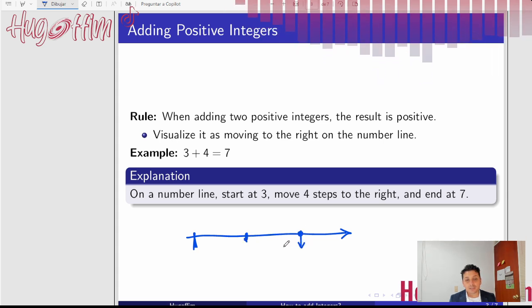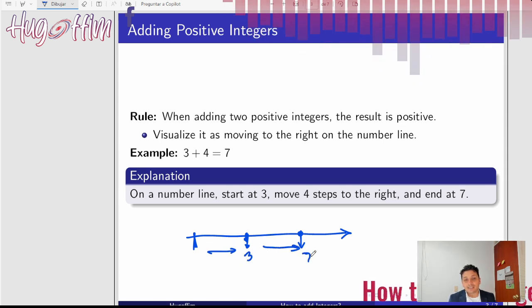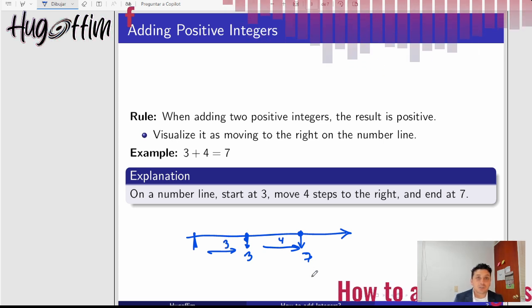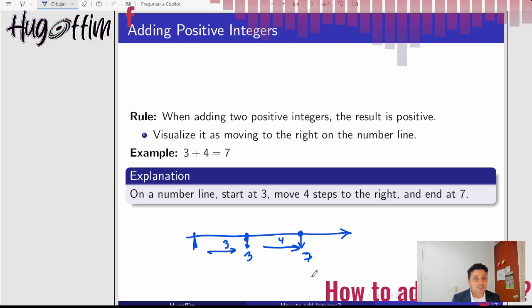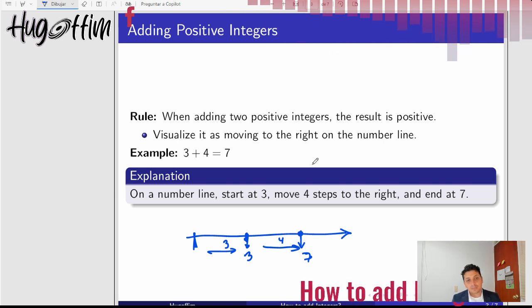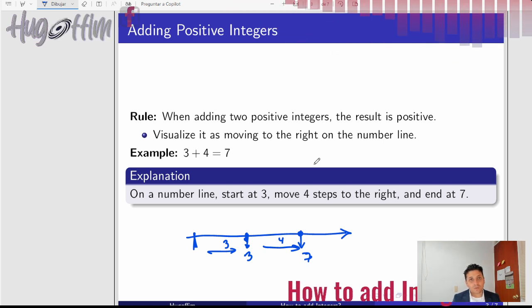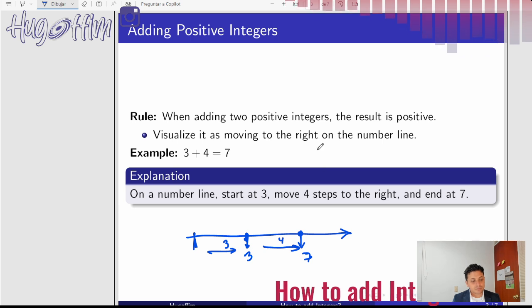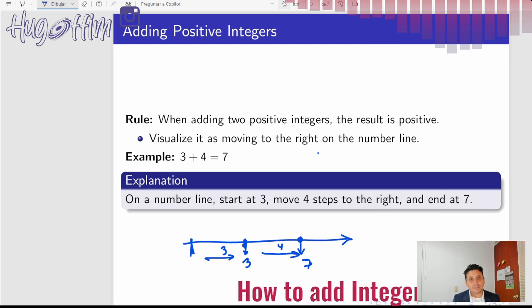For example, if you have 3 units and 4 units, you get 7 units as the answer. So the answer is always positive if you add two positive integers.